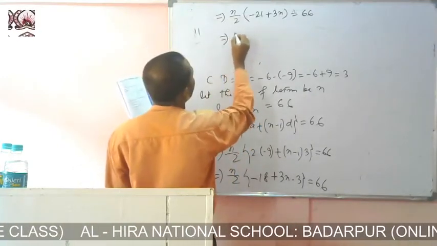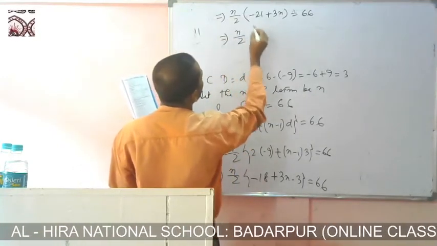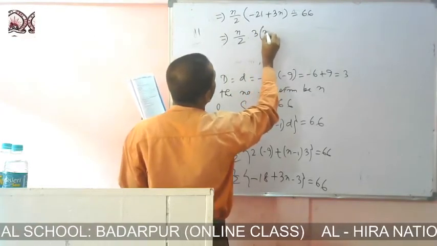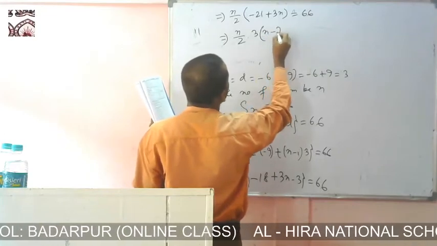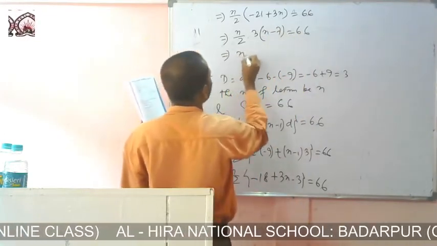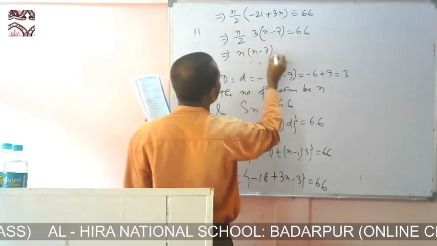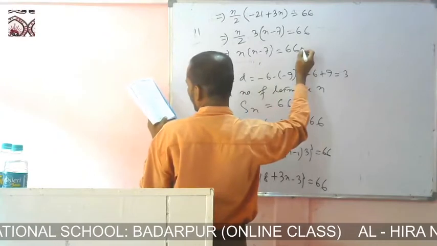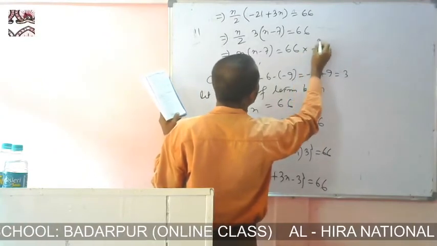If it is n by 2 and from this if we take 3 common, then it will be n minus 7 will be 66. So n into n minus 7 is equal to 66, and from this side to that side it will be 2 by 3.